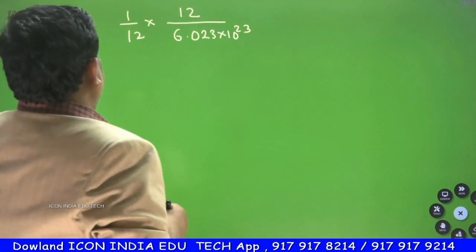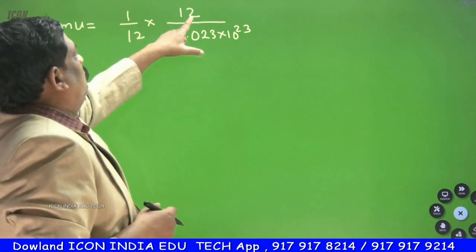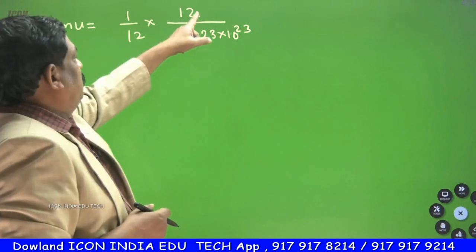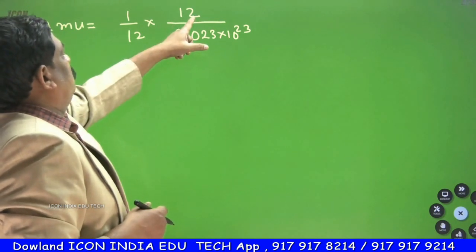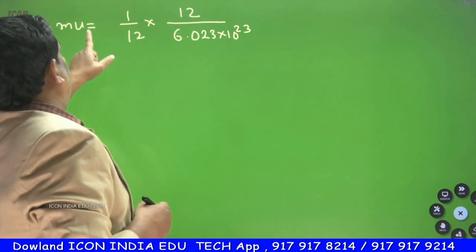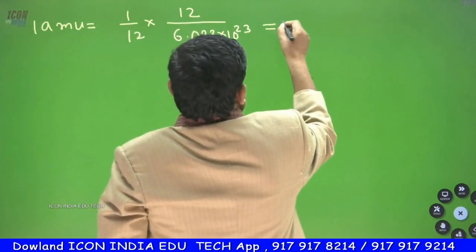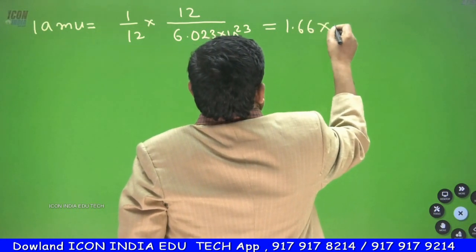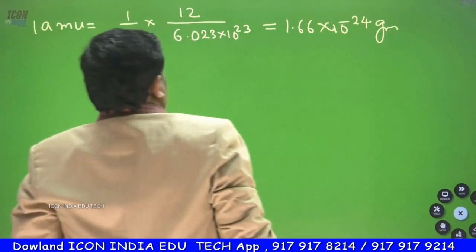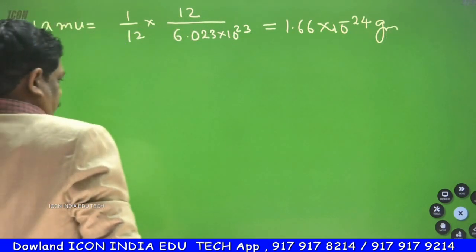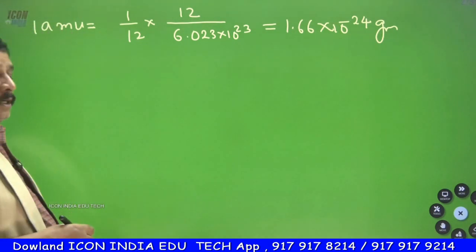1 AMU, I said, is 1/12 of the mass of a carbon 12 atom. One atom of carbon 12 is 12 AMU. 1 mole of atoms weighs 12 gram. 12 gram by Avogadro number, the 12 cancels, and we get 1.66 into 10 to the power of minus 24 gram as 1 AMU.